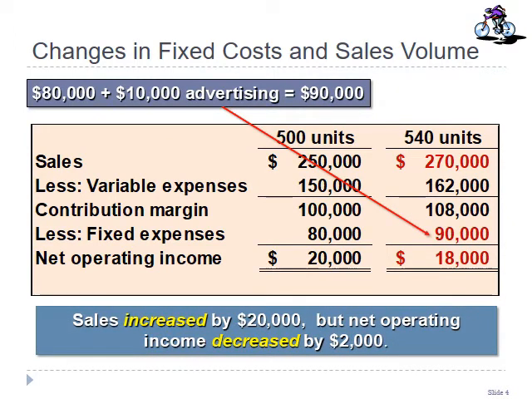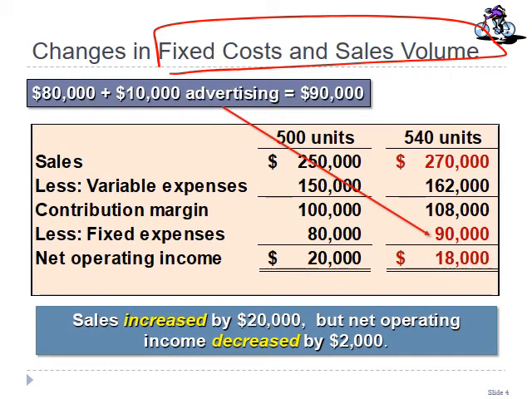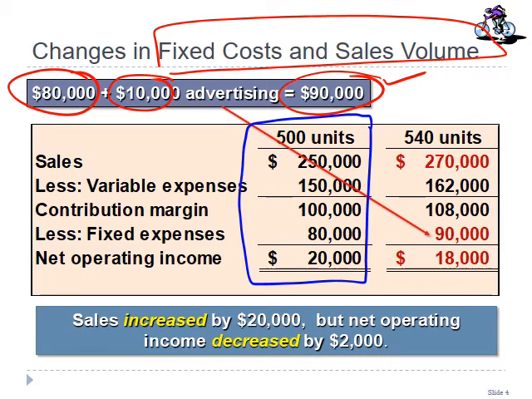Here, changes in fixed cost and sales volume, we are continuing this heading. So we know that the management has increased the fixed cost by 10,000 as a budgeting expense. Our net fixed cost will increase from previously 80,000 to 90,000, right? So this is the old situation where we were selling 500 units, and this is the new situation where we are selling 540 units. So our sale price is still 500.